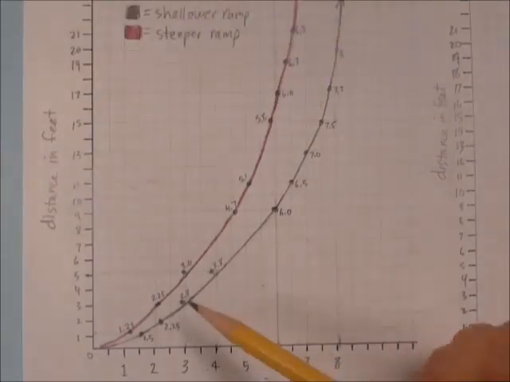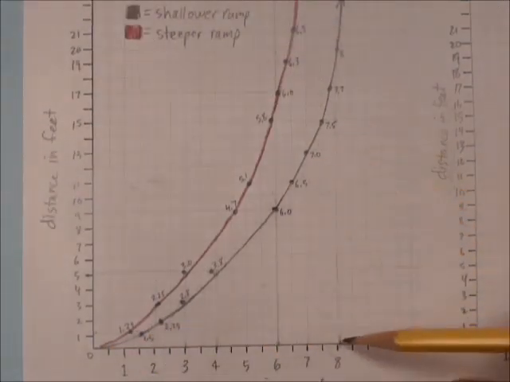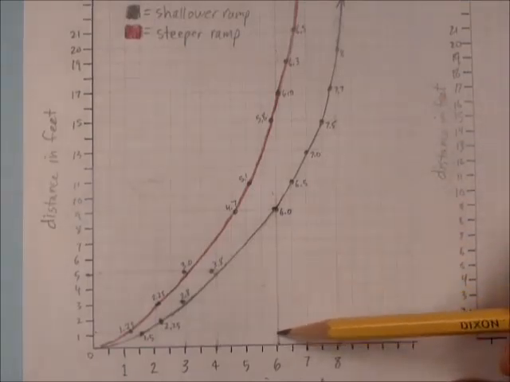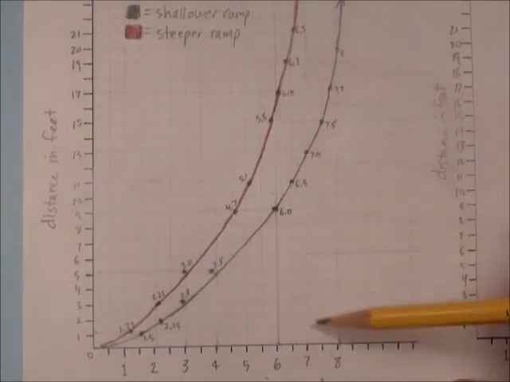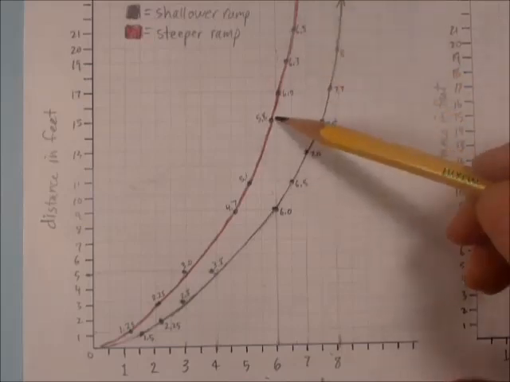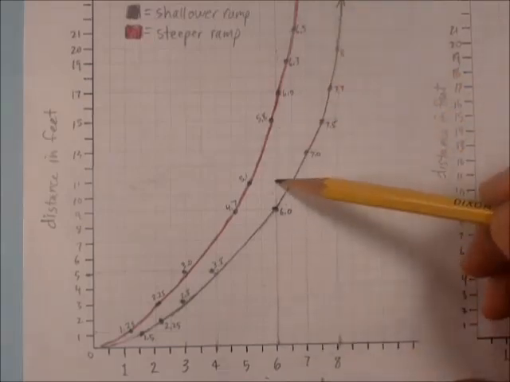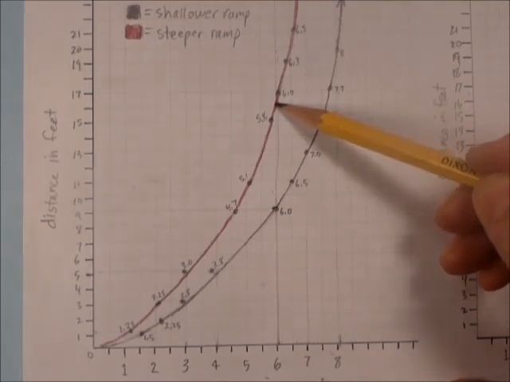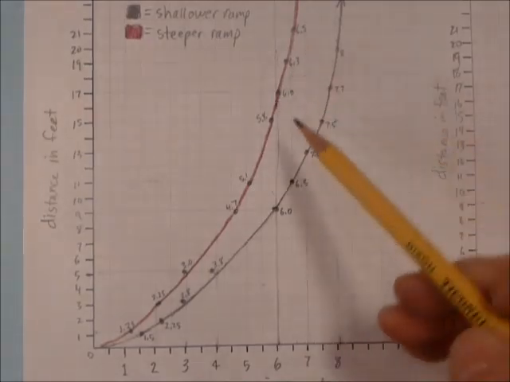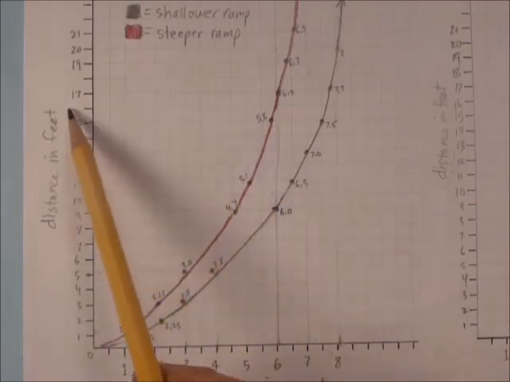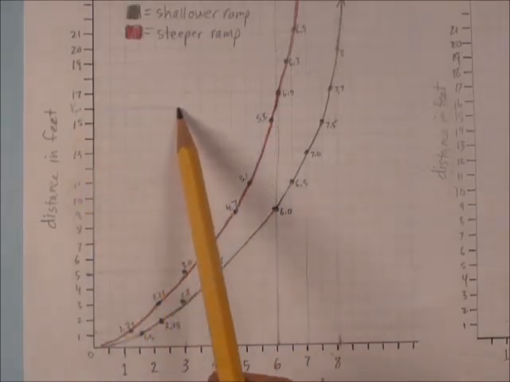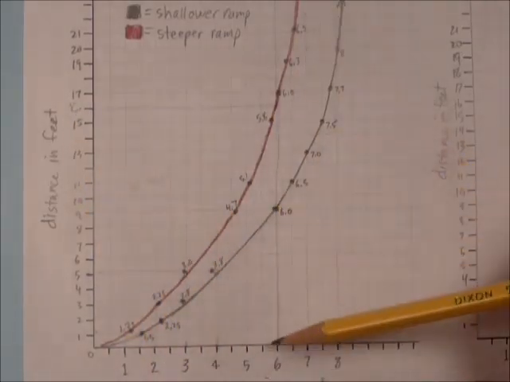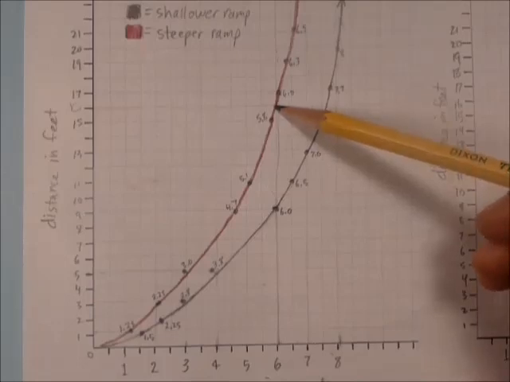Now, what about our other line for the steeper ramp? Well, we don't have 8 seconds. We can do it with 6. We don't even have a dot for 7. So let's use 6 and go straight up from 6 seconds. It hits right about the 16. If I draw a line over, this is 16. See how 6 and 16 meet right there. So we have 16 feet.